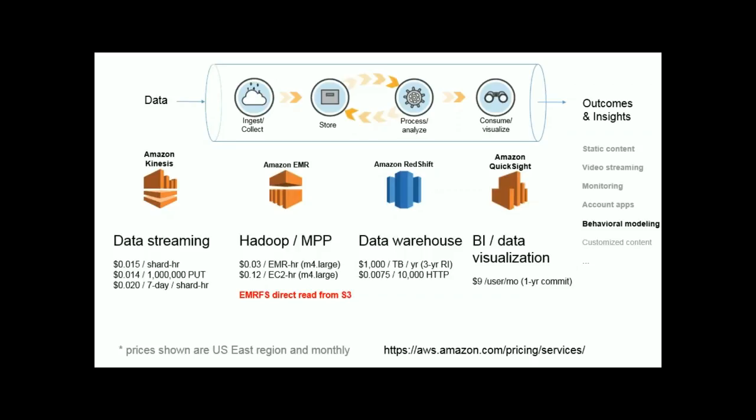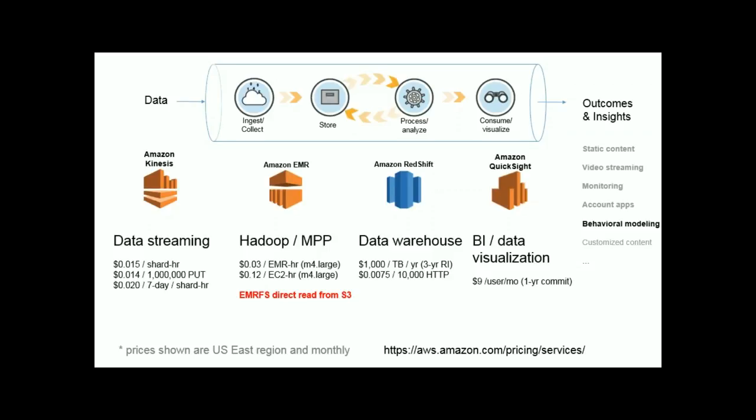I want to call out the fully managed Hadoop, Elastic MapReduce, EMR. There's a system underneath this called EMRFS, which is the ability to read directly from S3. If you've worked with Hadoop environments before, you would have had this restriction where you're constrained by the HDFS. So you may have 4 nodes or 16 nodes or 32 nodes or larger, but it was dependent on the amount of data you were trying to process.